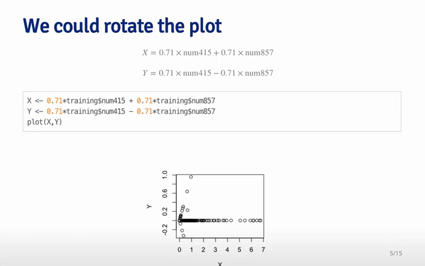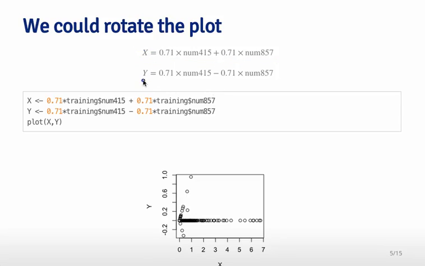What you're trying to do is figure out a combination of these variables that explains most of the variability. Just as an example, here's a combination I could do. I could take 0.71 times the 415 variable plus 0.71 times the 857 variable and create a new variable called x that's basically the sum of those two variables.